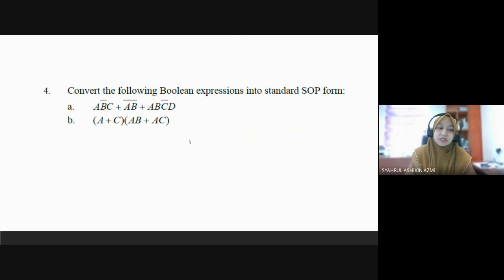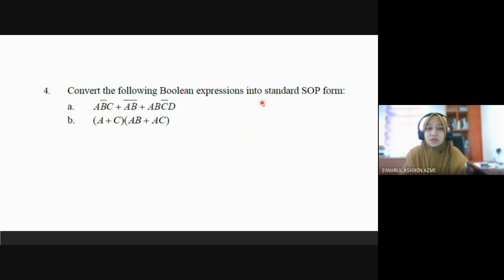Okay, let us begin. This is question number 4 from the tutorial, which is tutorial 1B, question number 4. In this question, you need to convert the following Boolean expression into standard SOP. What it means by standard SOP is that it does not require you to do any simplification.